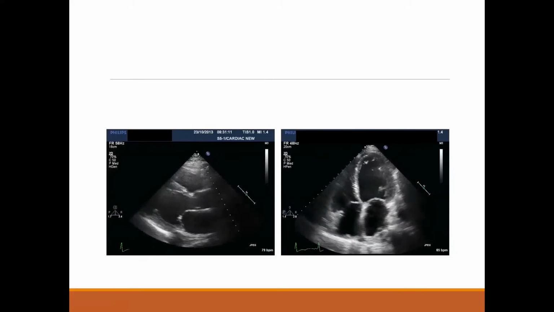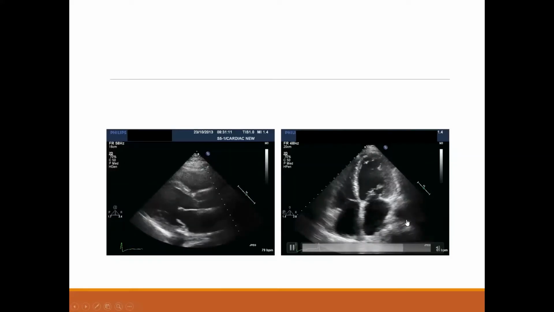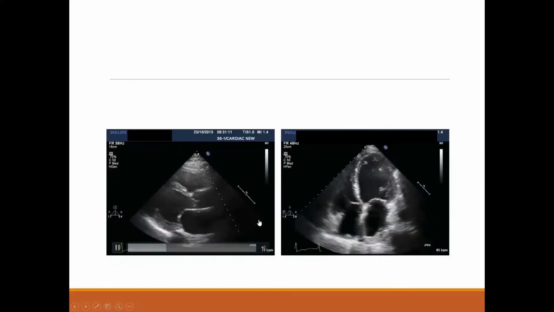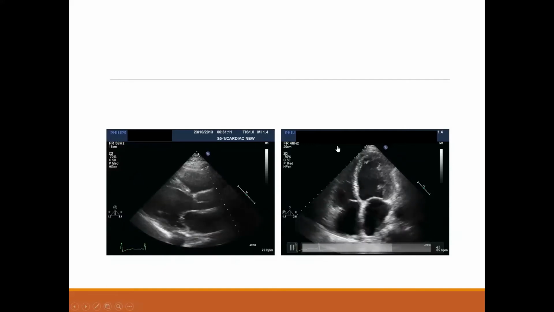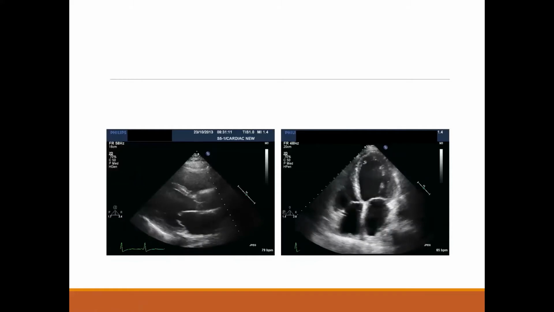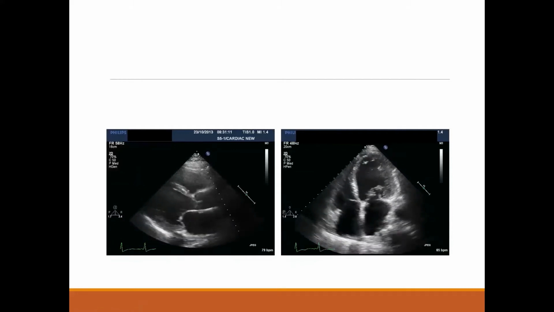It's not segmental, because you appreciate the same amount of hypokinesia uniformly across many segments. So this is a case of non-ischemic cardiomyopathy with severe global hypokinesis.